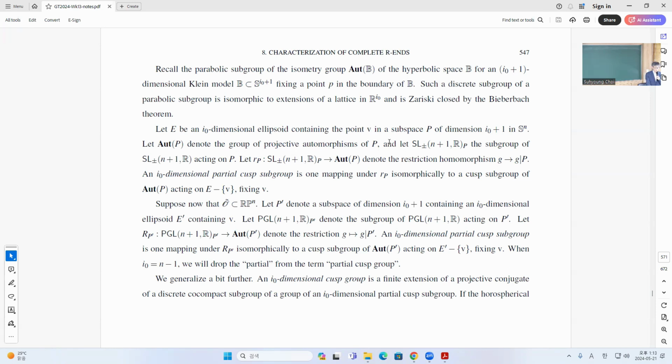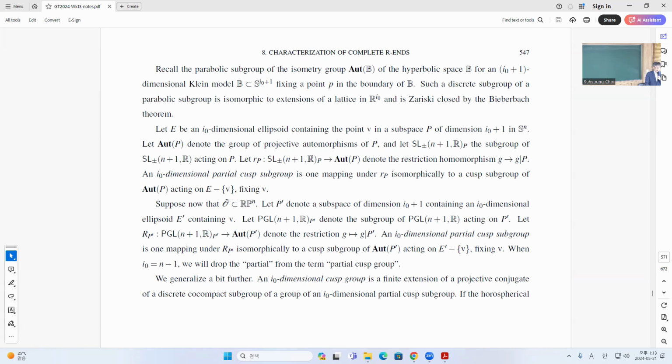And let Aut(P) be the group of projective automorphisms. We denote by this the group acting on P, and when we restrict this to P, you get a homomorphism. The i zero-dimensional partial cusp group is the subgroup mapping onto the cusp group of this acting on E minus b, fixing b.